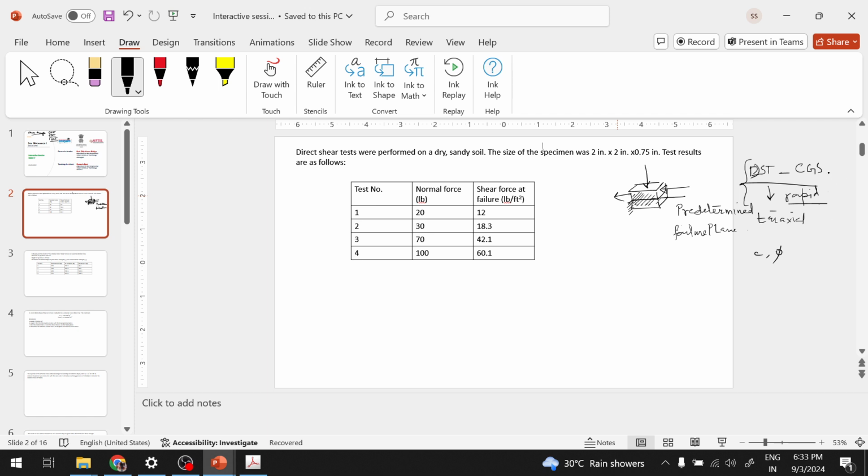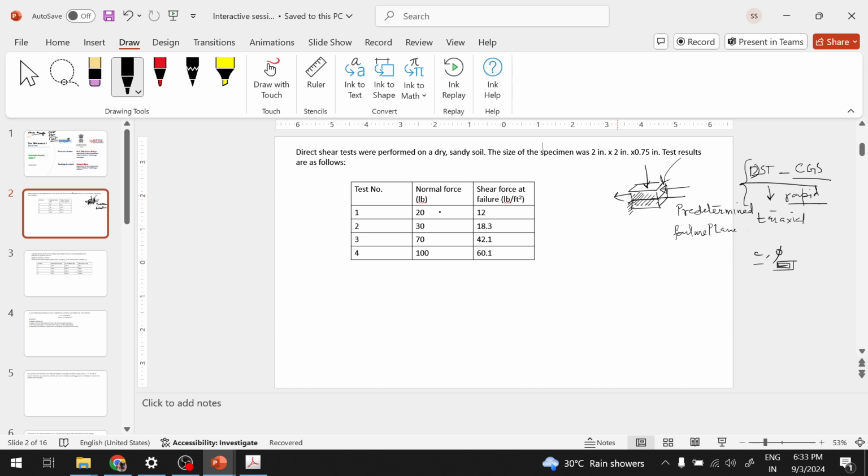Usually, since it is performed for coarse grained soils, it is done for soils with C equal to 0. So we are more comfortable in calculating phi of coarse grained soils in this apparatus.